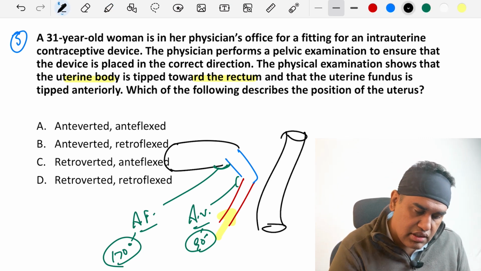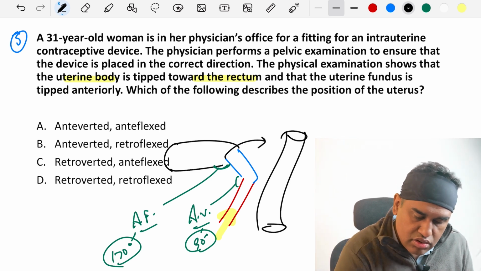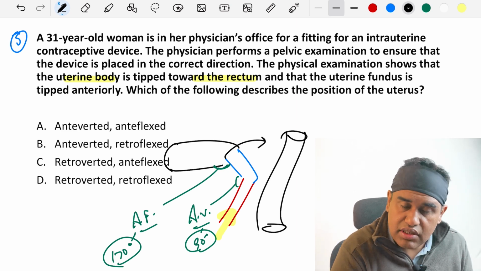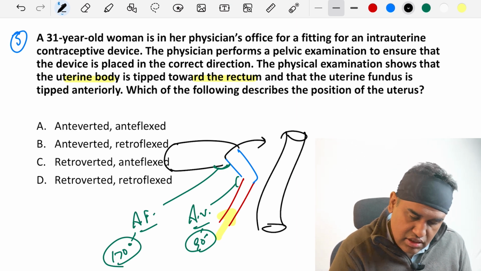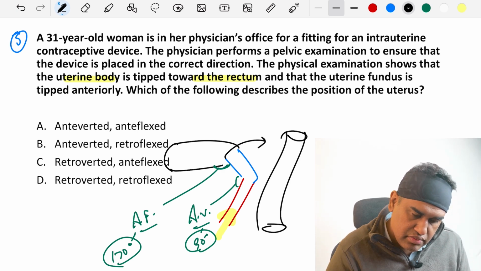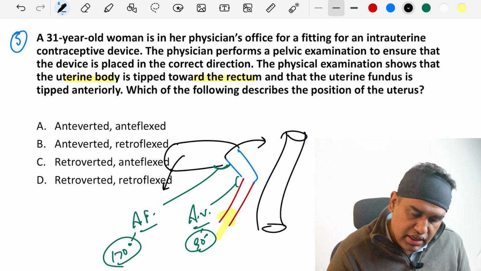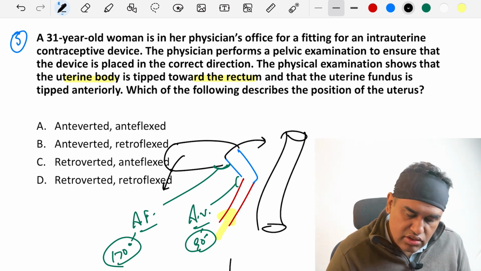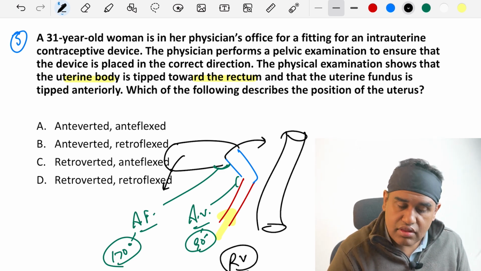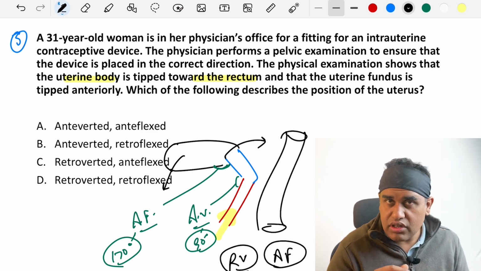You can't enter the fundus on PV examination, but you can do a bimanual examination and understand that the body is tipped towards the rectum and the fundus is going anteriorly. It means the anteversion angle is going behind, so this will be retroversion in this patient. And as the fundus is going anteriorly, it's anteflexion. So it's a combination of retroversion plus anteflexion.